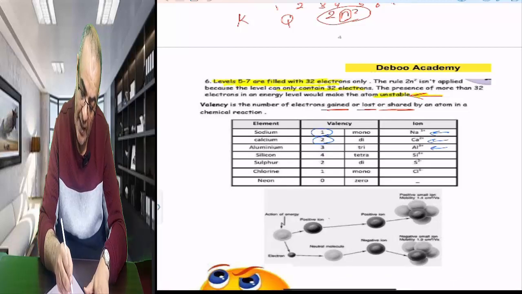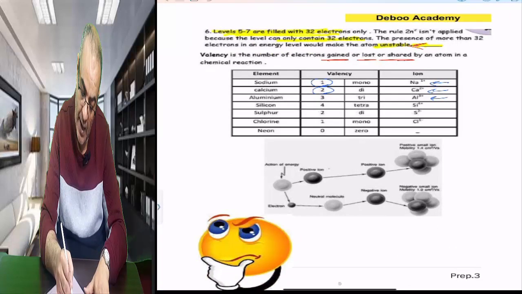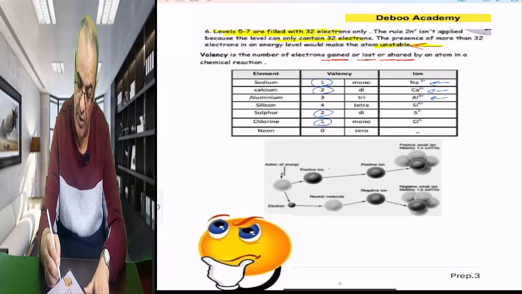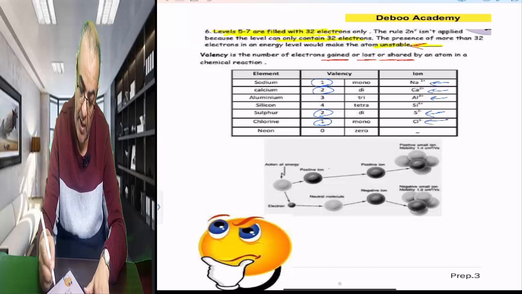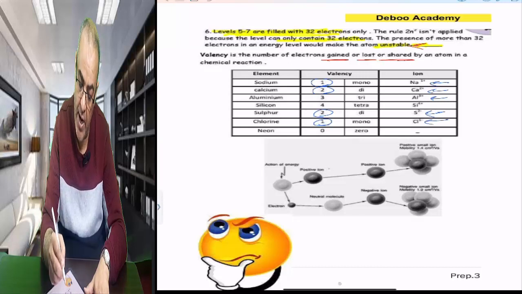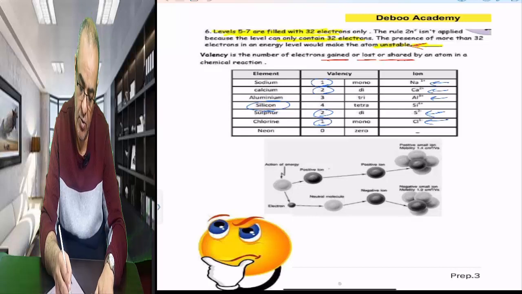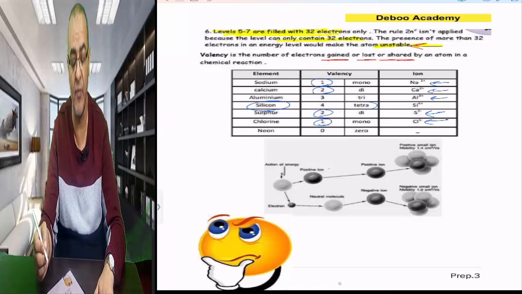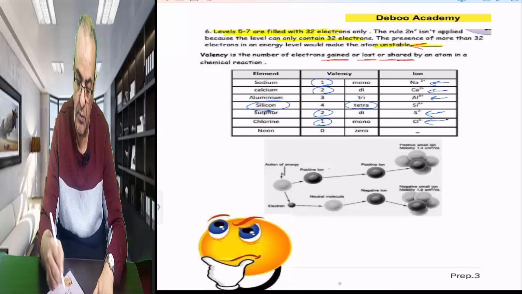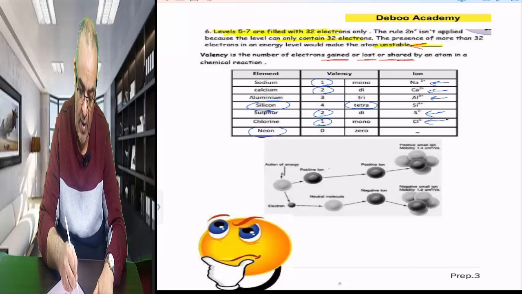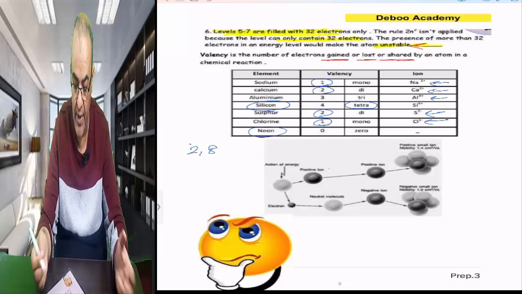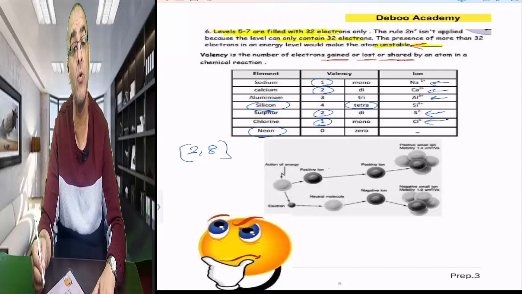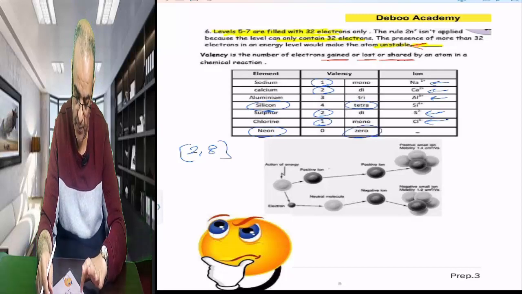For sulfur and chlorine, it gains electrons, so it forms a negative ion, and the valency is mono and di. For silicon, it shares 4 electrons, so its valency is tetravalent. For neon, its outermost energy level is 2, 8. It doesn't lose or gain or share, so its valency is 0.